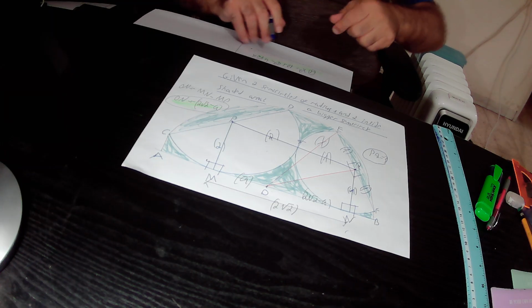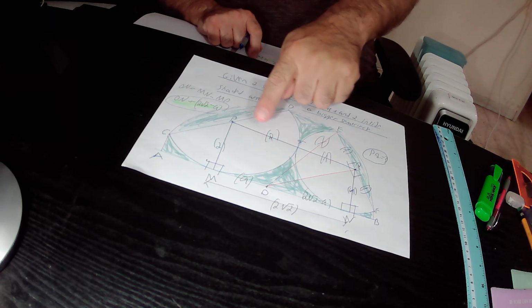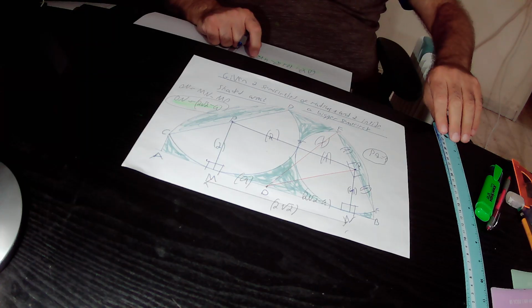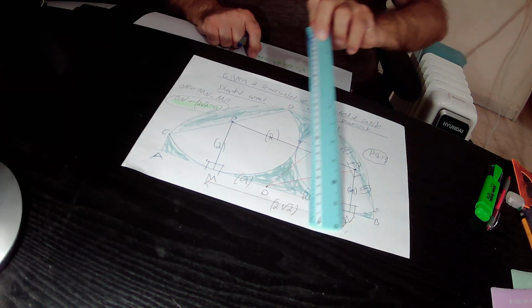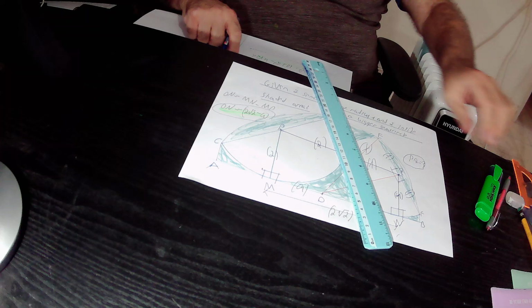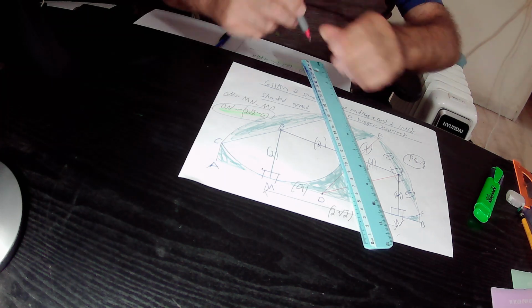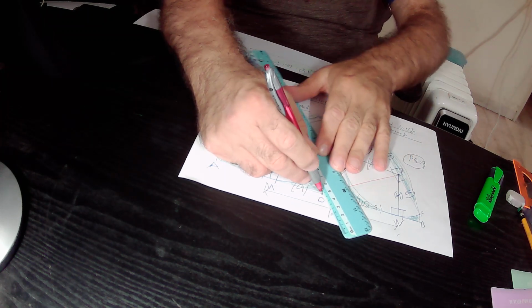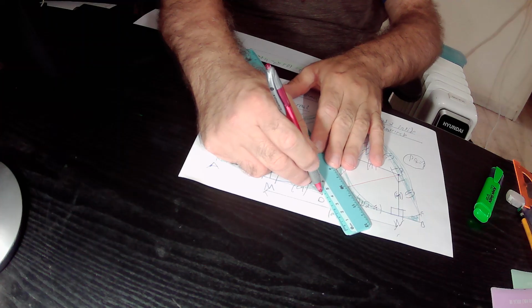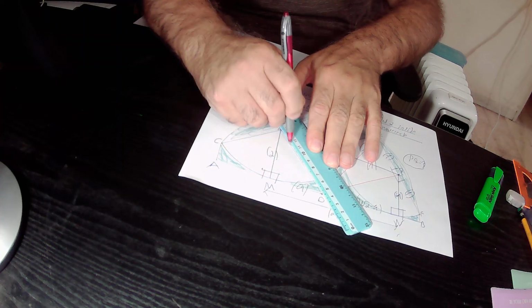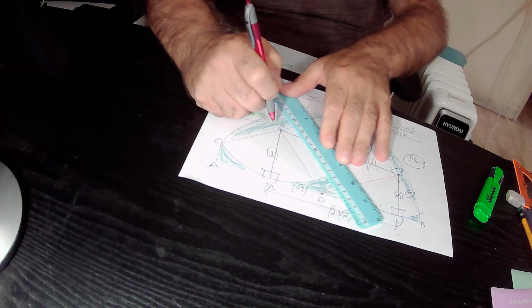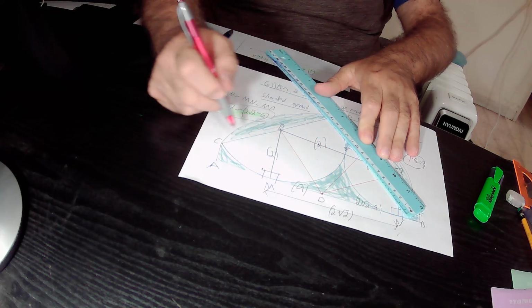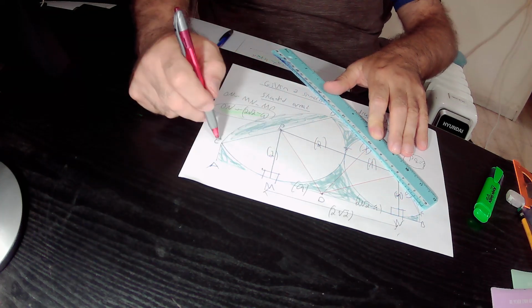In the next step, we join points O and P together by a straight line. And we join points O and C together by a straight line.